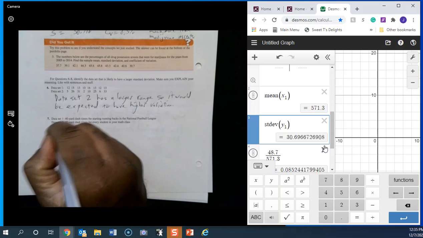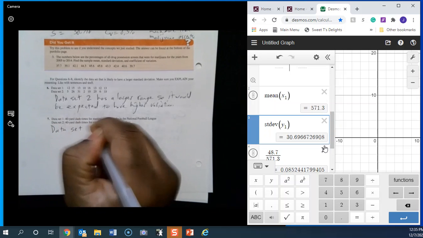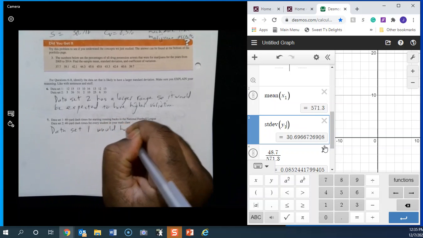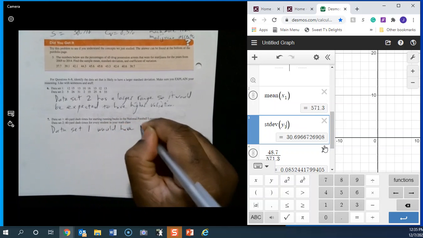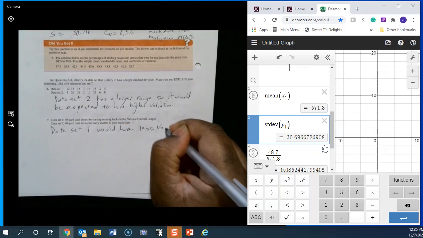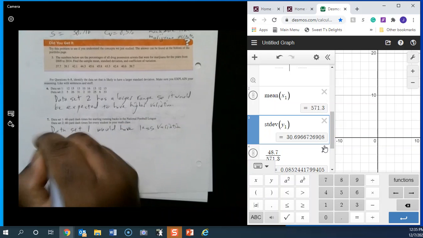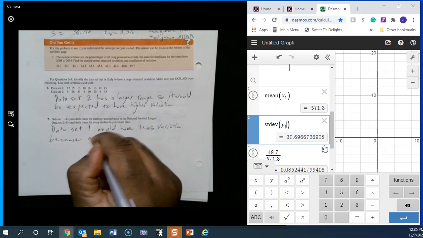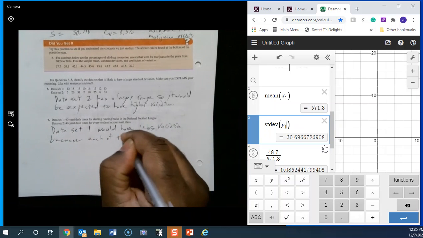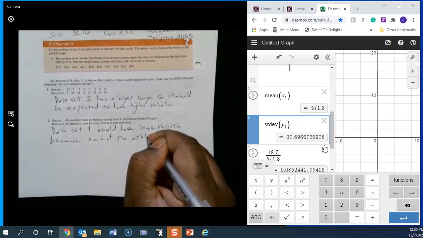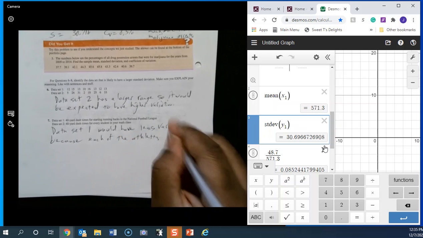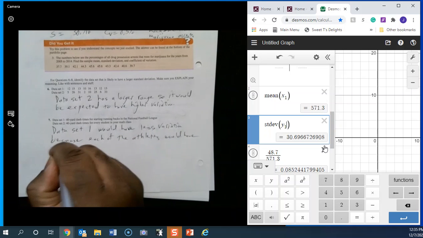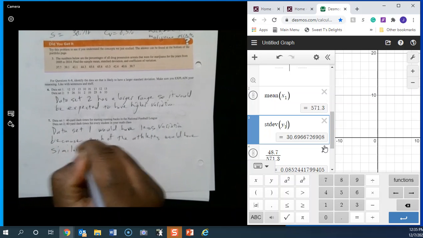Okay, data set 1 would have less variation because each of the athletes would have similar times.